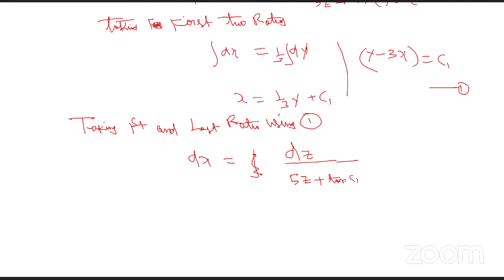So integrating both sides, x equals 1 by 5 outside, d by dx of 1 by x is log mod x, log mod 5z plus tan c1.